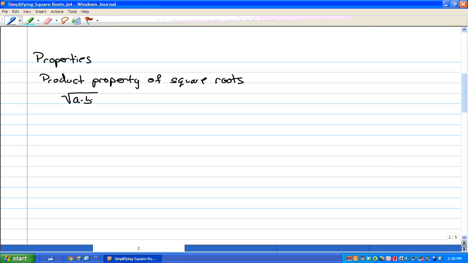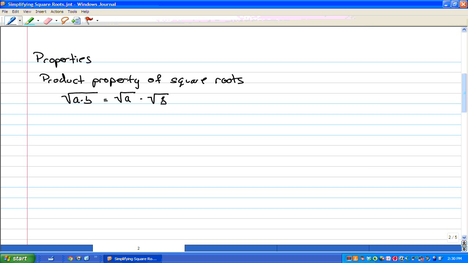So, for example, I did the 24 earlier as an example. If 24 is the same thing as 4 times 6, what you could do then is you could say, all right, well, I could take the square root of that 4 times the square root of that 6. I wrote 6, it should be B, sorry. That's what the product property tells us.